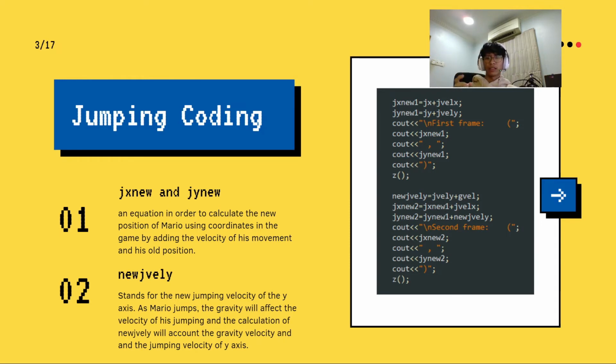The next important point is new j val y. It stands for new jumping velocity of the y-axis. As Mario jumps, the gravity will affect the velocity of his jumping, and the calculation of the new jumping velocity of the y-axis will account for the gravity velocity and the jumping velocity of the y-axis.